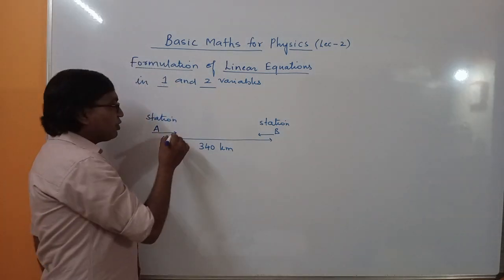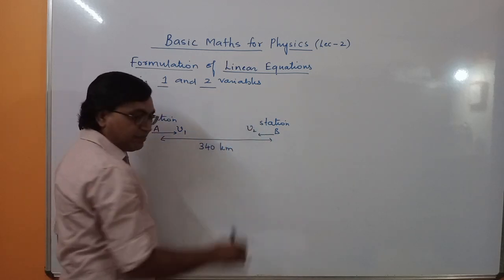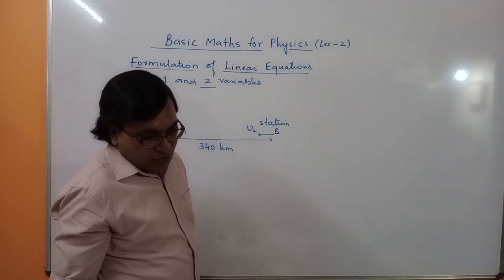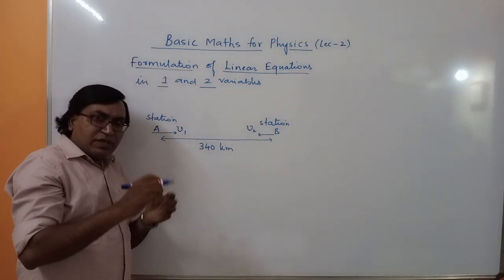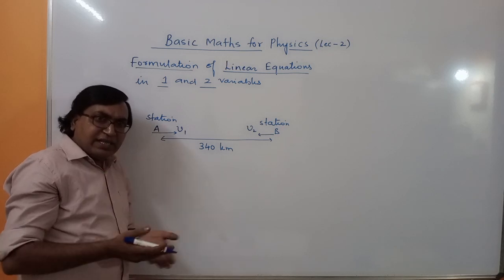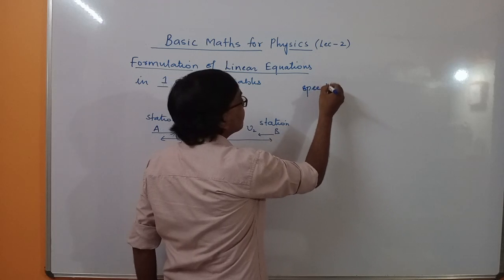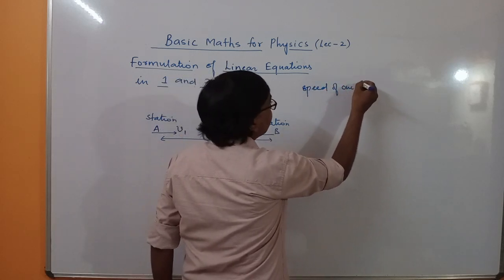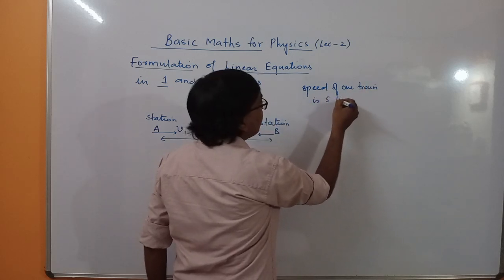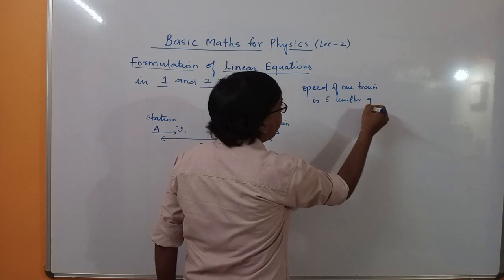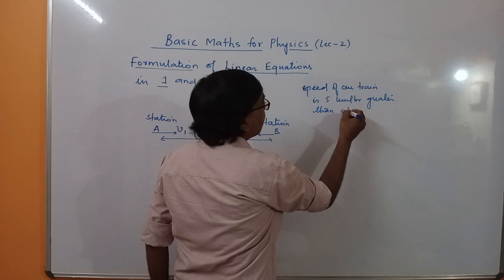So suppose the speed of train A is V1 and the speed of train B is V2, then the speed of one train is 5 kilometer per hour greater than the speed of the other train.